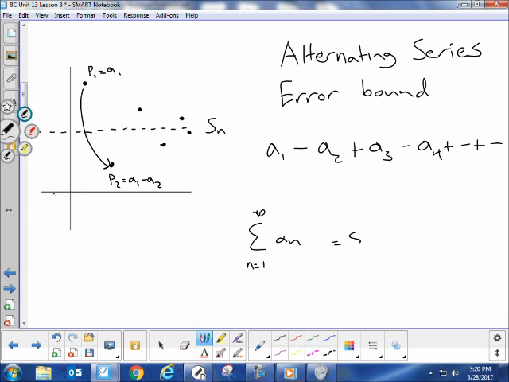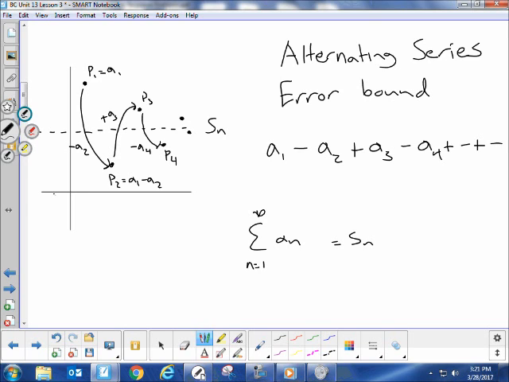We said that was S. When I subtracted A2, boom, I jumped over it. And then I added A3 and I jumped over it, and I got P3. And then when I subtracted A4, boom, I got P4.